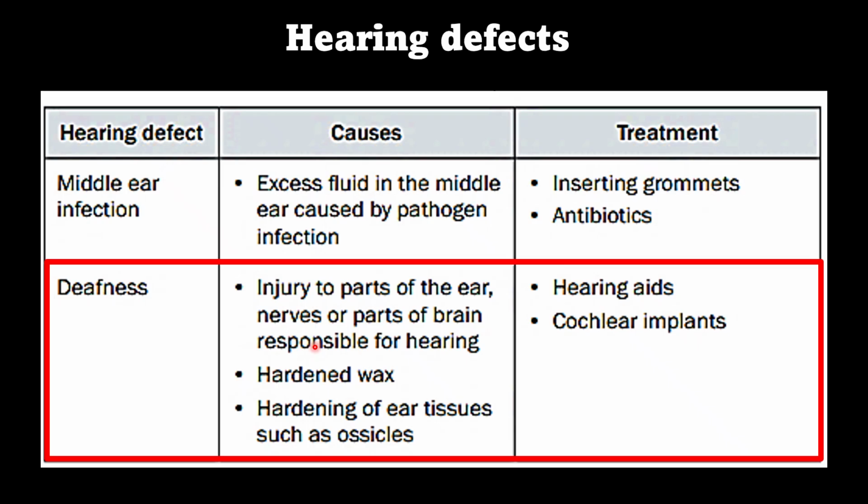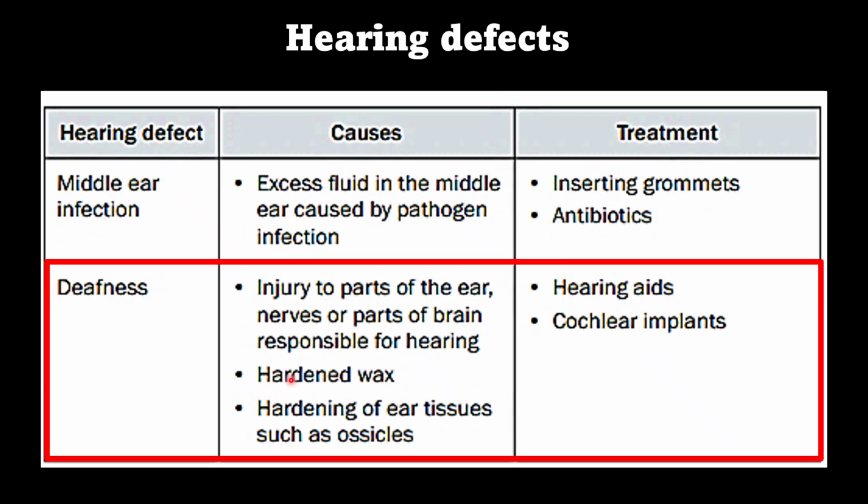It can also be due to damage to the nerves, and here it could be the sensory neuron, because the sensory neuron is the main neuron that forms the auditory nerve. If it is not any part of the ear or the sensory neuron, it could be any part of the cerebrum, because the cerebrum is involved in the interpretation of sensations from the sense organs, and the ear is a sense organ.